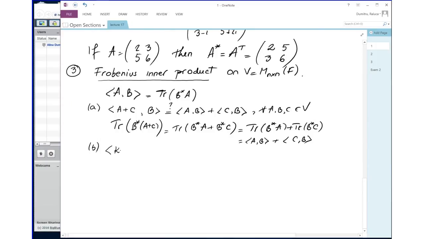Property B was that thing with the scalars, so let's say inner product between KA and B, where K is in F. This is the trace of B star times K times A. Now what happens if you multiply an entire matrix by the same scalar K?